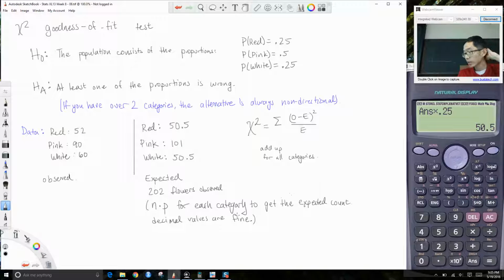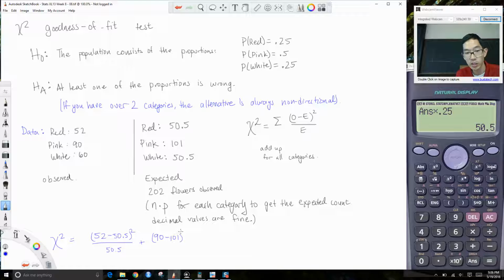So in our case, the chi-squared statistic is we're going to do 52 minus 50.5. We take that difference, square it, and divide by 50.5. Then I do the next. I observed 90 pink flowers. I'm expecting 101.